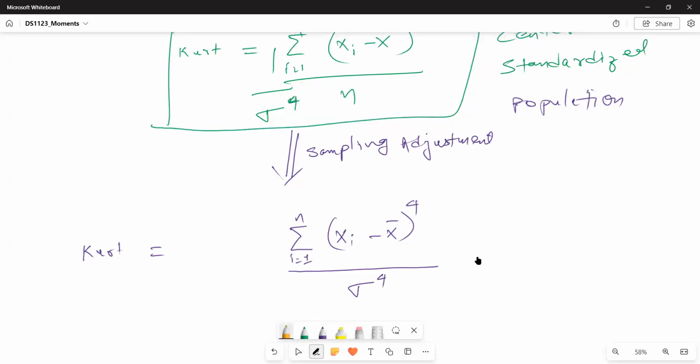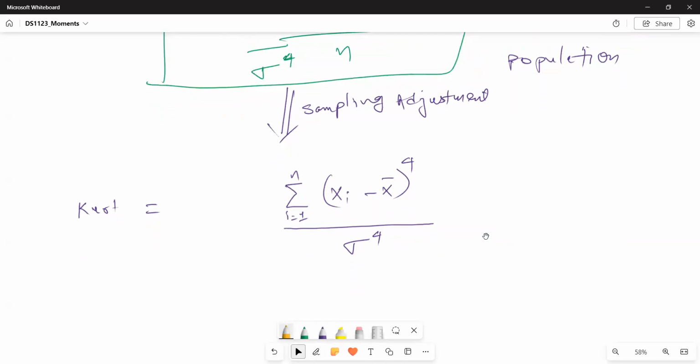Now let's add the terms for sampling adjustment. Since we are taking the fourth power, a little more sampling adjustment needs to be added.